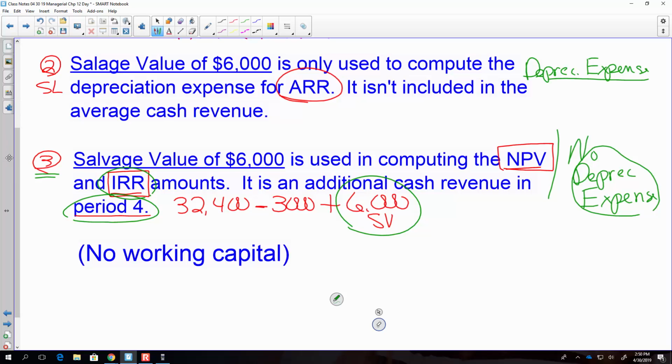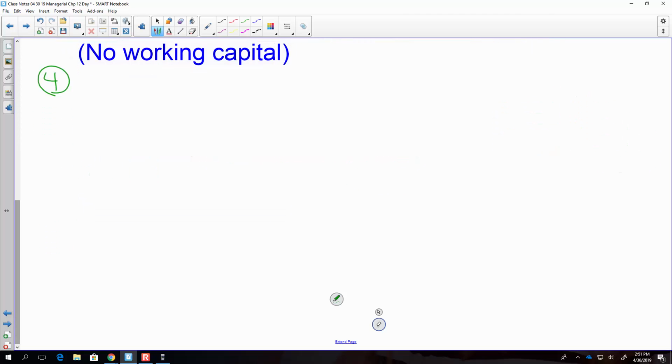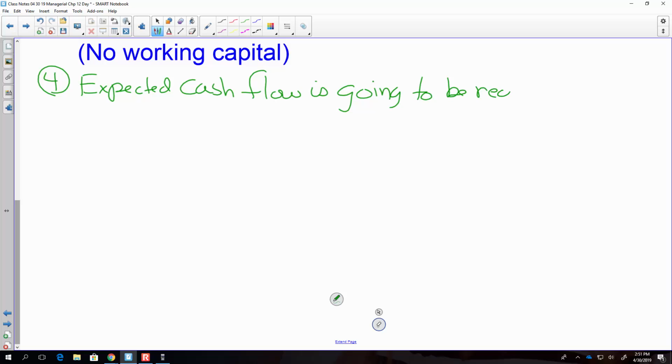One more thing that I don't have listed here, guys, is for question 4, the expected cash flow is going to be reduced by 1/3.